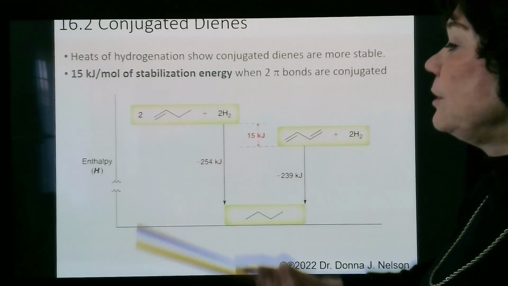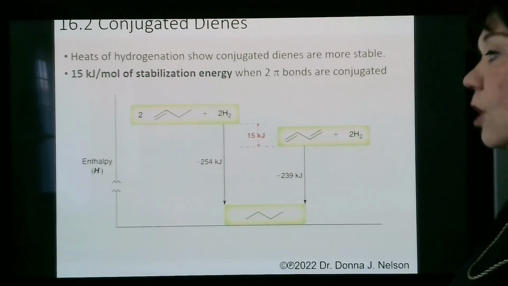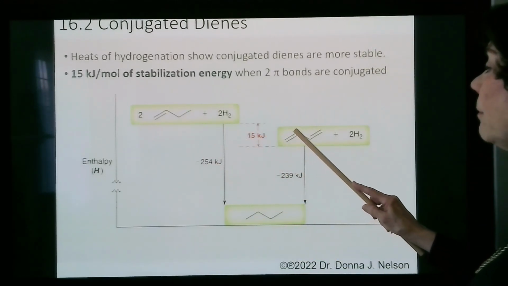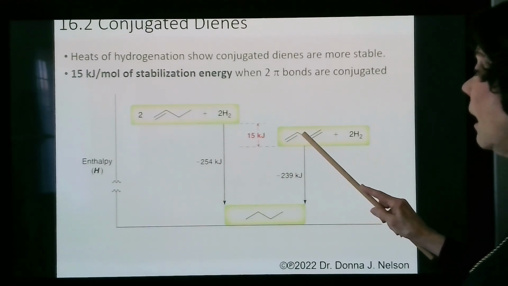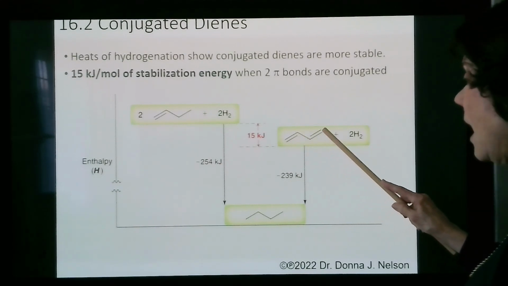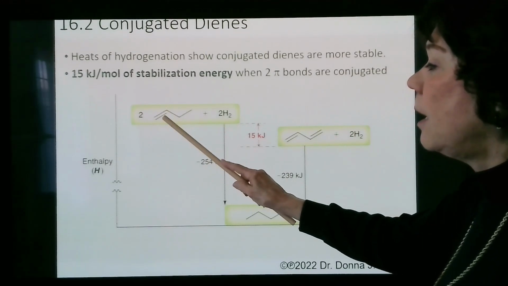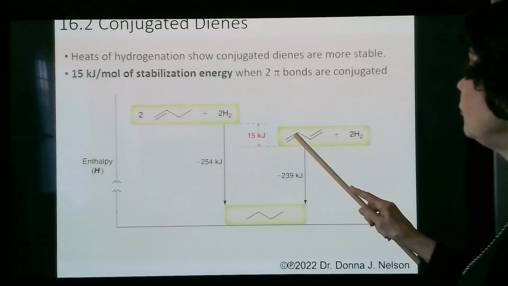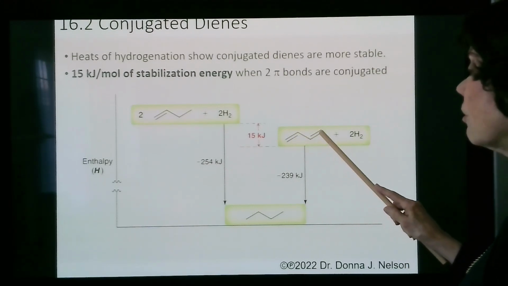The carbon-carbon double bonds in the different molecules will have no interaction. And over here, the carbon-carbon pi bonds, which are in the same molecule, are going to have some interaction. So no interaction between the pi bonds in different molecules, as opposed to over here, these pi bonds are interacting through conjugation.